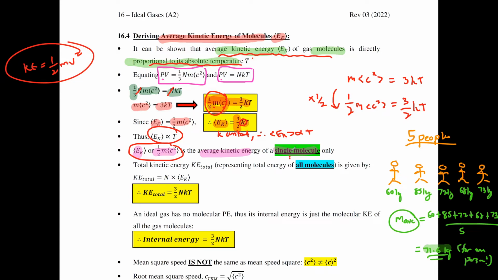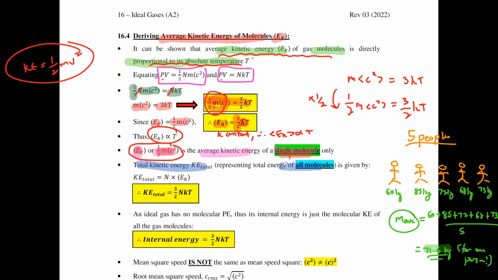Okay, so just remember that. Now, from here, you need to expand it a little. If this EK or half mc squared is the average kinetic energy of one gas molecule only, what if you want to find the total kinetic energy of all the gas molecules?